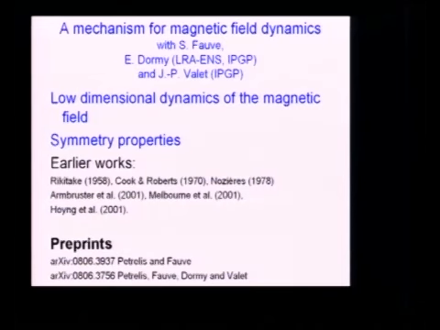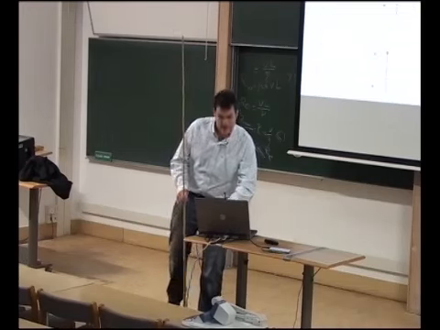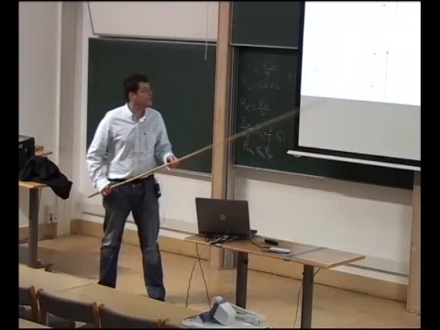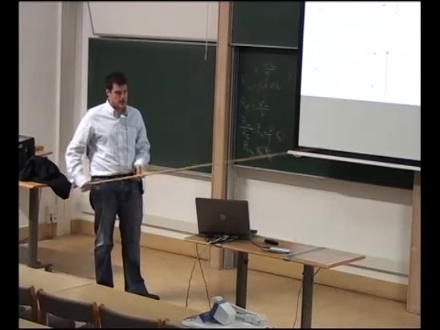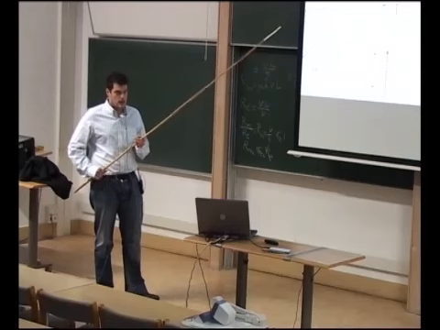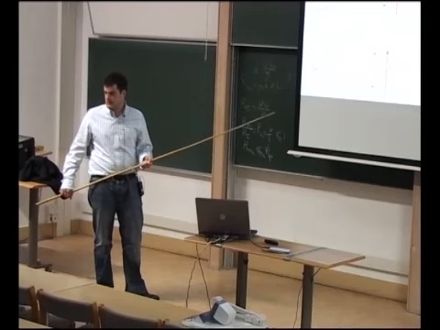And for the Earth, well, it's debated, but some people believe that it's not very far above criticality, so close to onset. In that case, you might expect that only a few modes are involved in the dynamics. And we're going to also use symmetry properties of the modes we're considering. There has been work before, some related to modelization of the dynamo, and I cannot cite my preprints, but they're here.